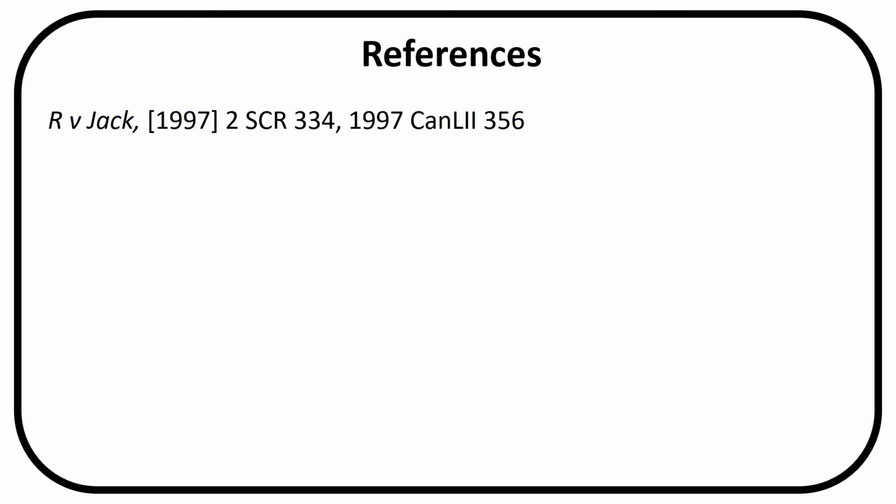Follow with a space and enter the online database identifier for the case. In this example, the online database identifier from CanLII is 1997 CanLII 356. Since the tribunal identifier is not included in the elements of our citation, Section 3.9 of the McGill Guide recommends that we follow the parallel citation with a space and the tribunal abbreviation in parentheses.